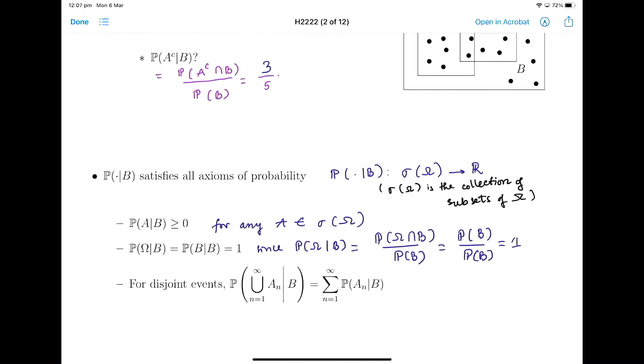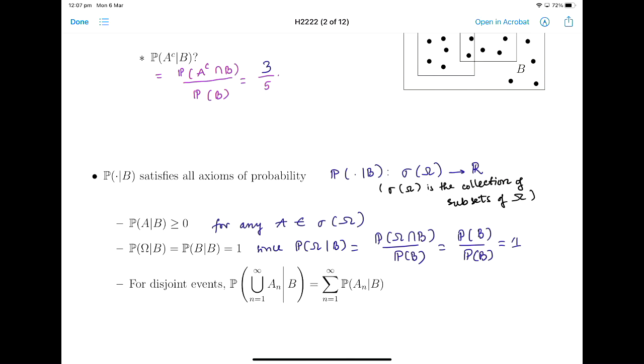So about the conditional probability, if I fix a set B with probability of B positive, different from 0, because probability is a positive measure.